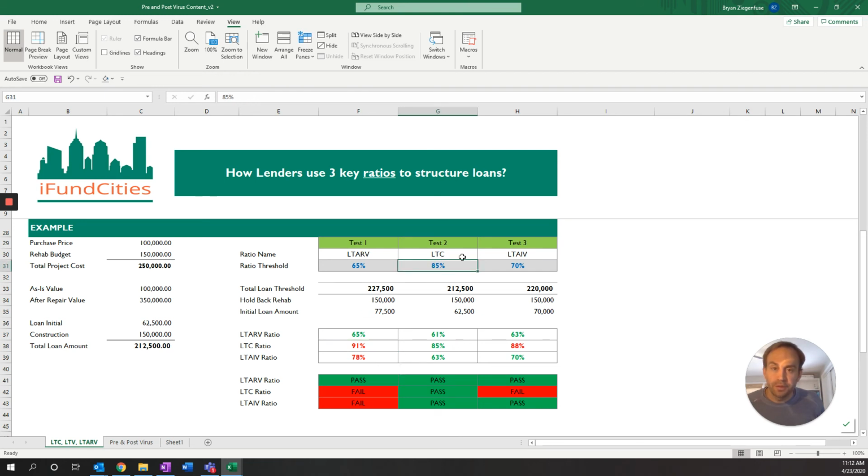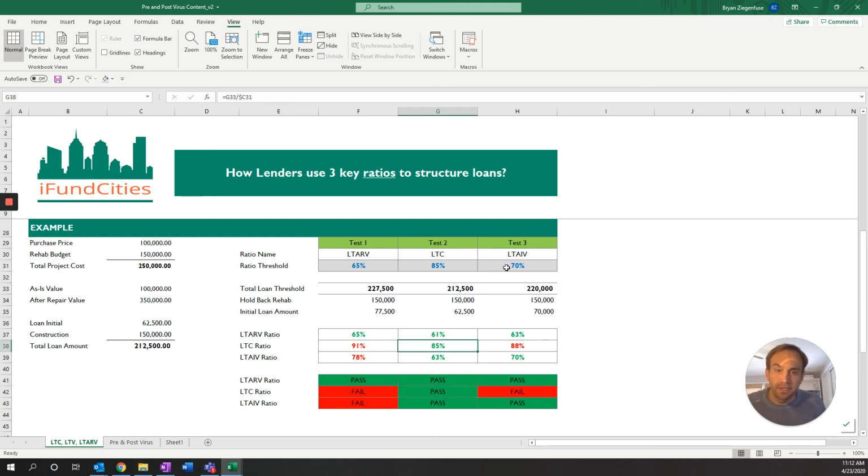So this one we would look at the loan to cost threshold, where the total loan amount would be $212,500. The holdback would be $150,000. The day one loan amount would be $62,500. And as you can see here, it passes all three of these tests, the loan to cost test.